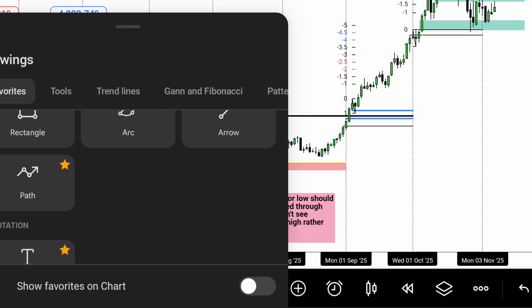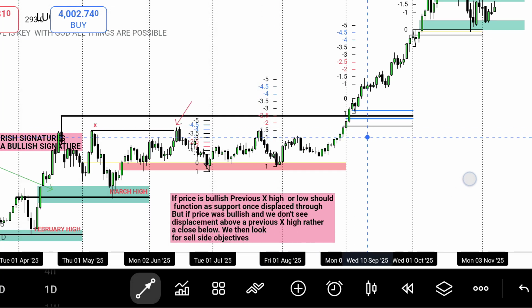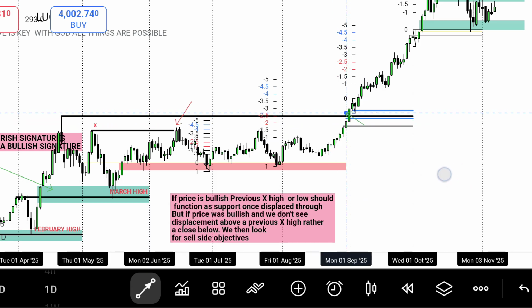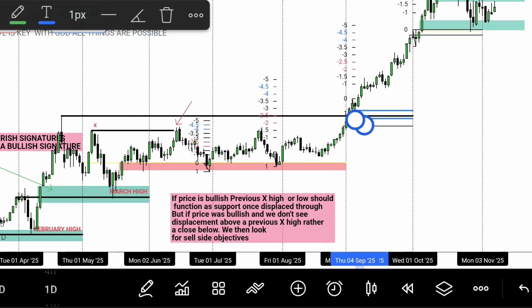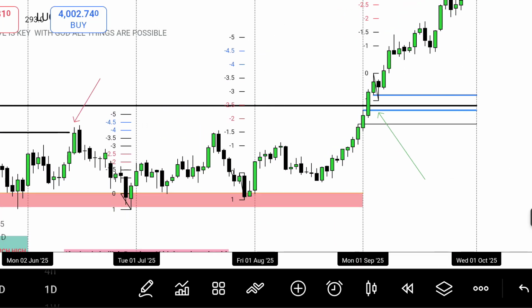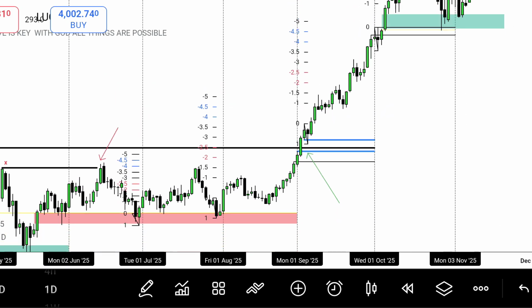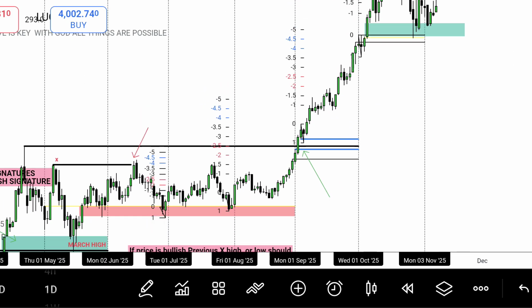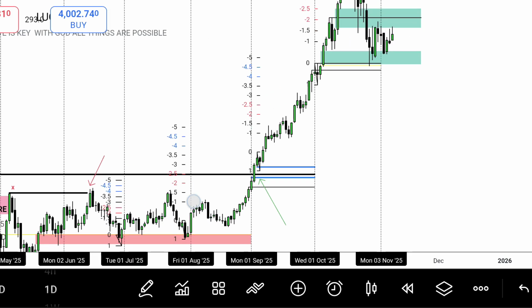Bullish signature means that price will displace above a key high with a fair value gap, and we saw that, and immediately we're trading at all-time highs.